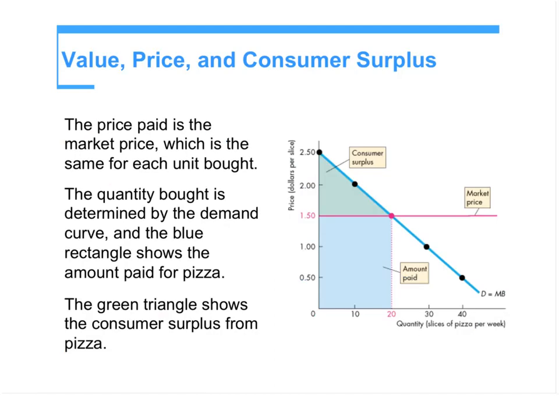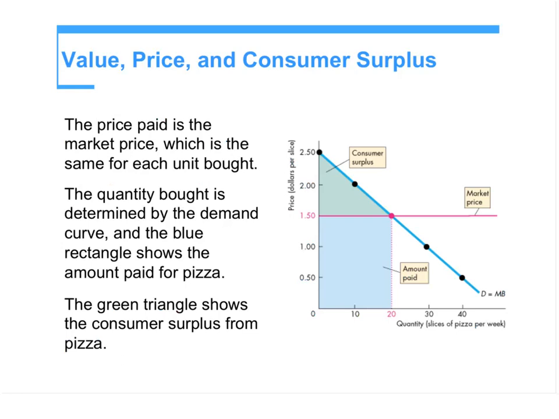So the price paid is the market price, which is the same for each unit bought. The quantity bought is determined by the demand curve, and the blue rectangle at the bottom shows the amount paid for pizza. The green triangle shows the consumer surplus from pizzas.